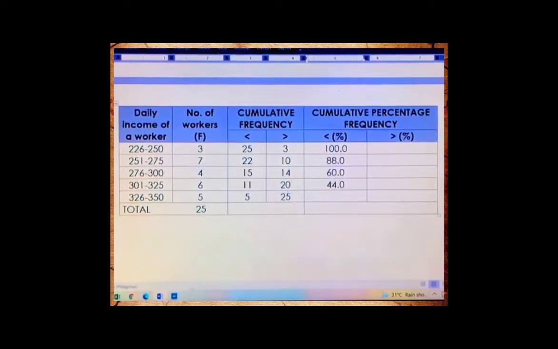And 5 divided by 25 times 100% is equal to 20%. And that would be all the cumulative percentage frequency lesser than.